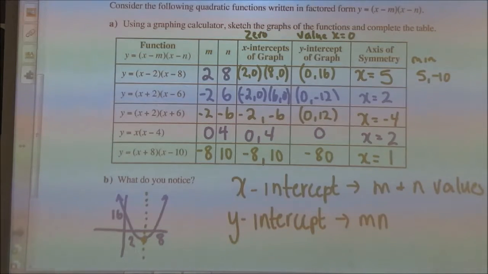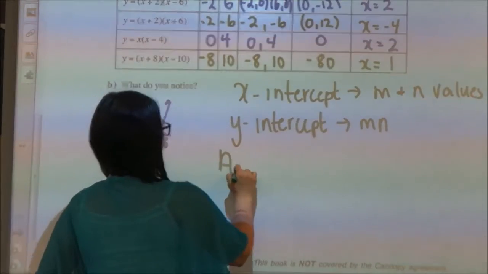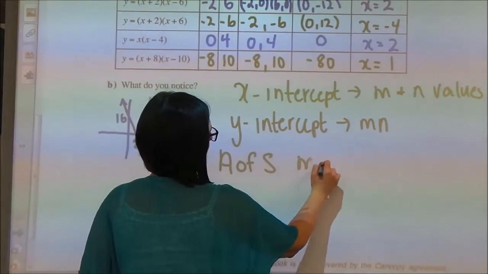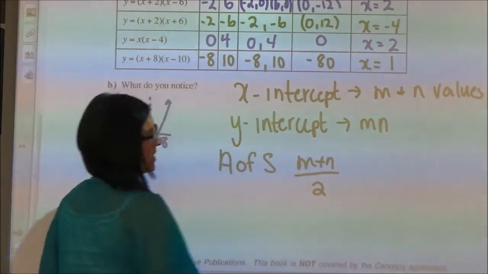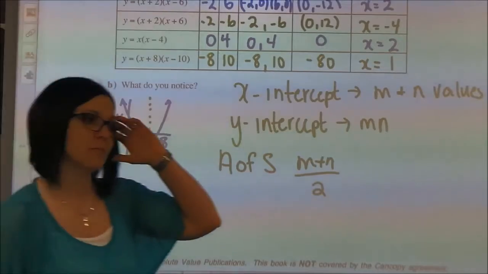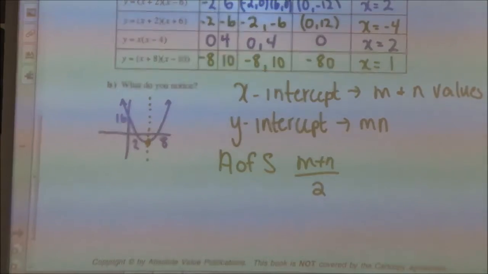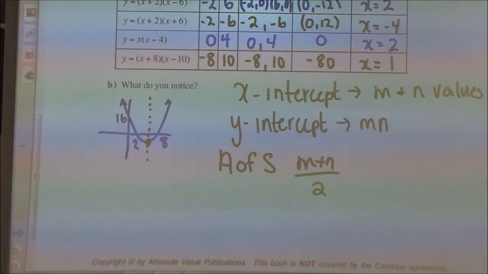Perfect. So the axis of symmetry is add them together and divide it by 2. So if you do that, then you'll be able to find all of your parameters from your factored form.